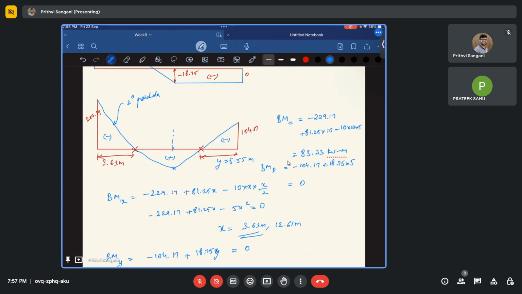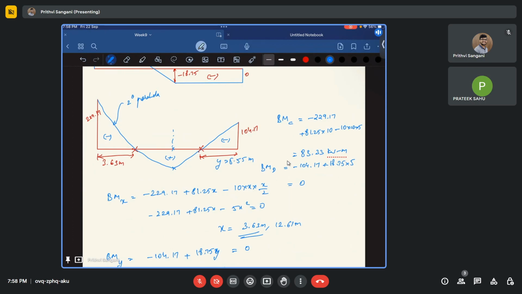So this is all about the first question. We were given a fixed support, with loading in only the half span. We tried to find the support reactions using the flexibility method, or the force method. We divided the beam into different determinate structures, and used the compatibility conditions: wherever the redundant forces are coming, we have zero slope and zero displacement.